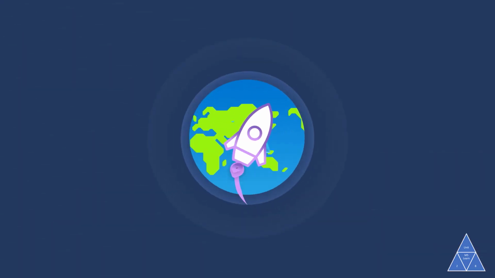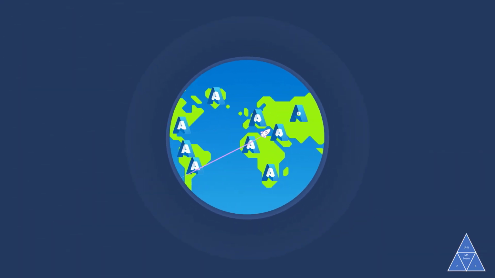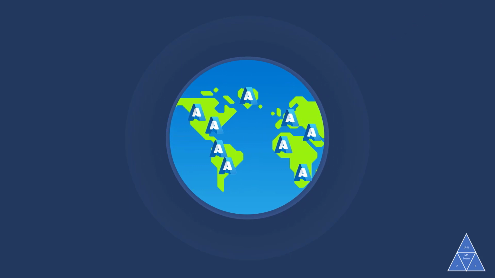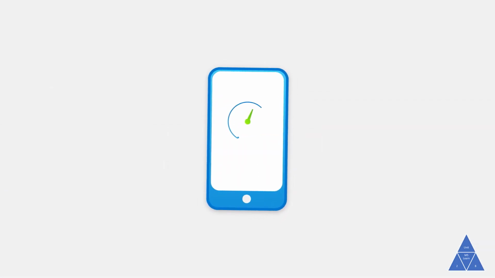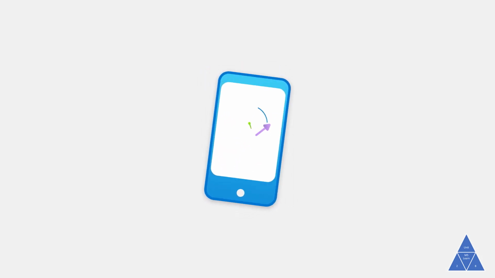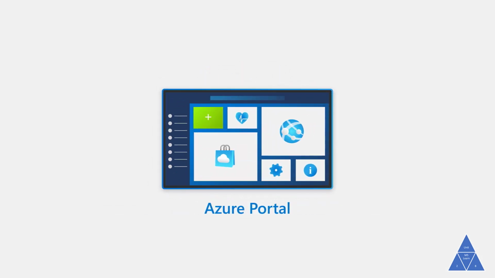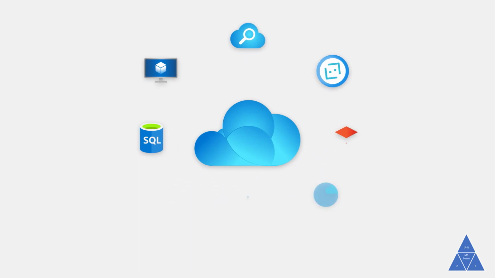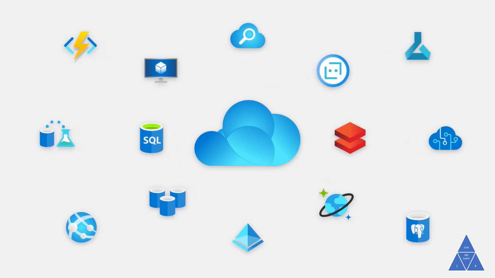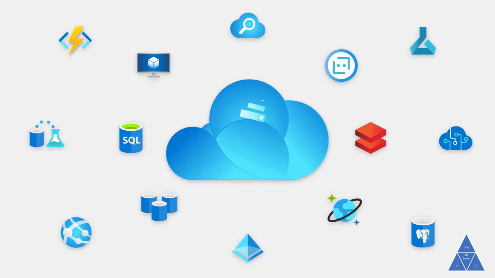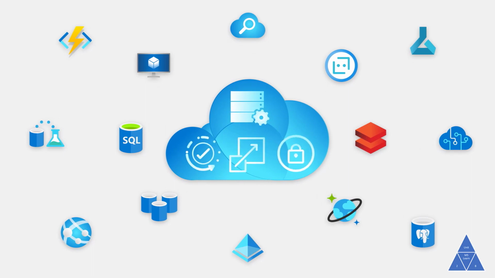Azure's regional data centers allow you to distribute your applications globally, so you can locate your data and apps where they're needed most, thereby improving your application performance for your customers. The Azure Portal lets you create, configure, and control all your services and resources from a single, easy-to-use web-based interface. Microsoft Azure offers a wide array of cloud computing services where infrastructure management, scalability, availability, and security are handled for you, saving you time and money.